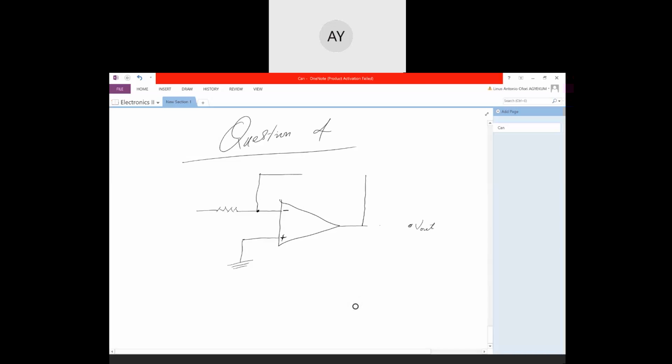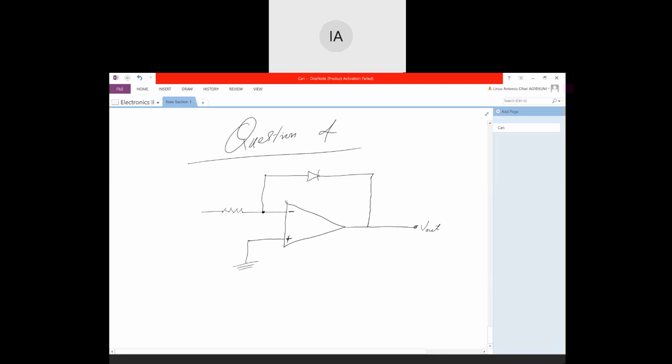The feedback loop has a diode. Pardon my sketching.